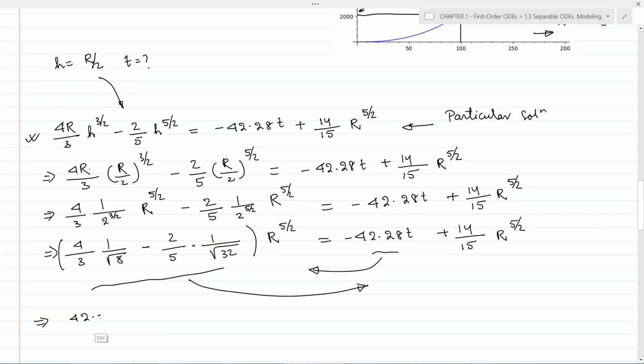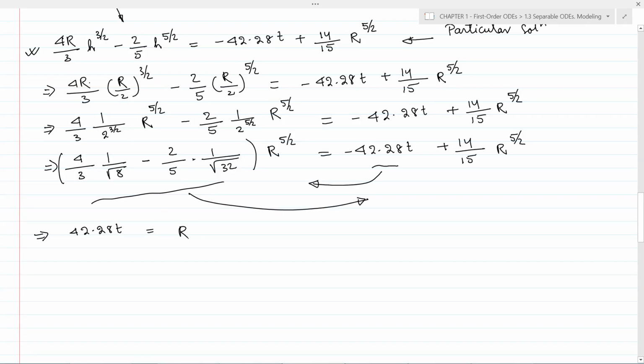42.28 t equal to r to the power 5 by 2 multiplied by 14 by 15 minus bracket 4 by 3 multiplied by 2 root 2 minus 2 by 5 multiplied by 4 root 2 whole into r to the power 5 by 2.